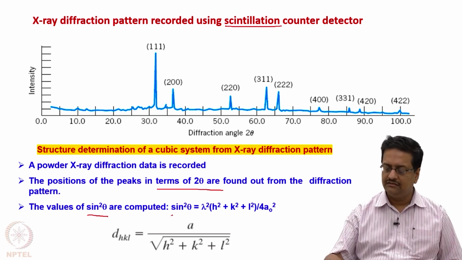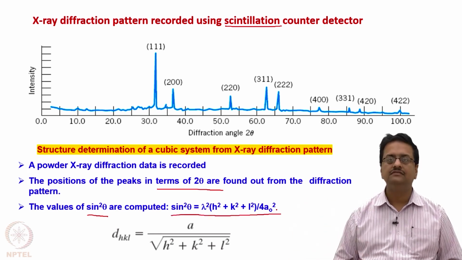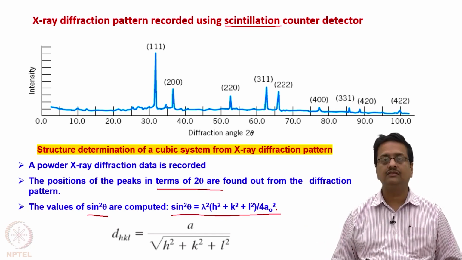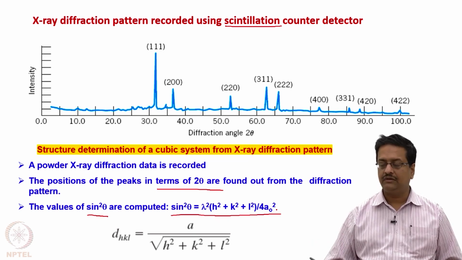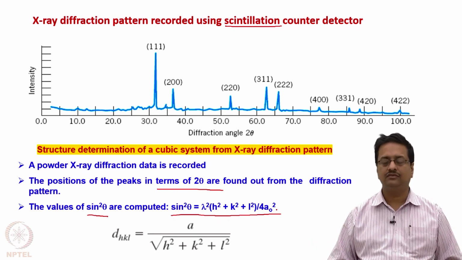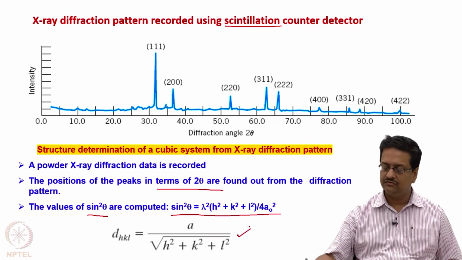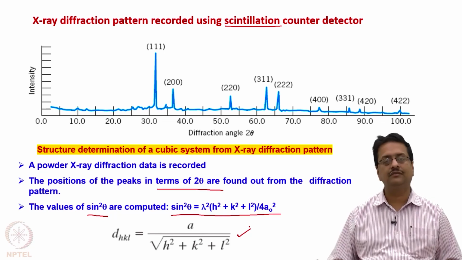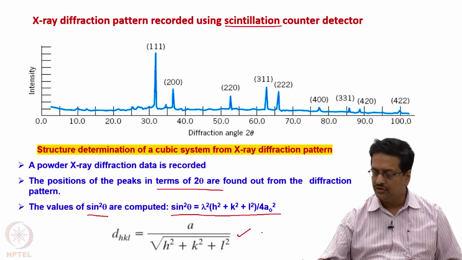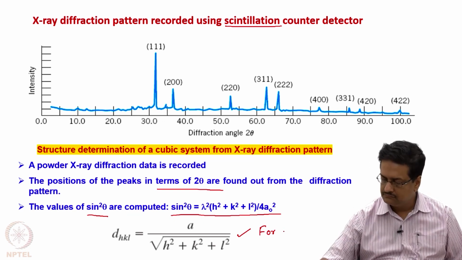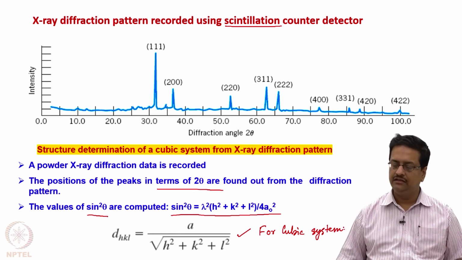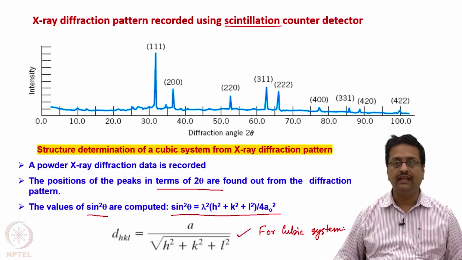We apply Bragg's law in a slightly different manner, where sin square theta equals lambda square (h square plus k square plus l square) by 4 a0 square, and we use the simple equation d_hkl equals a by square root of h square plus k square plus l square for cubic systems to calculate the lattice parameter a.